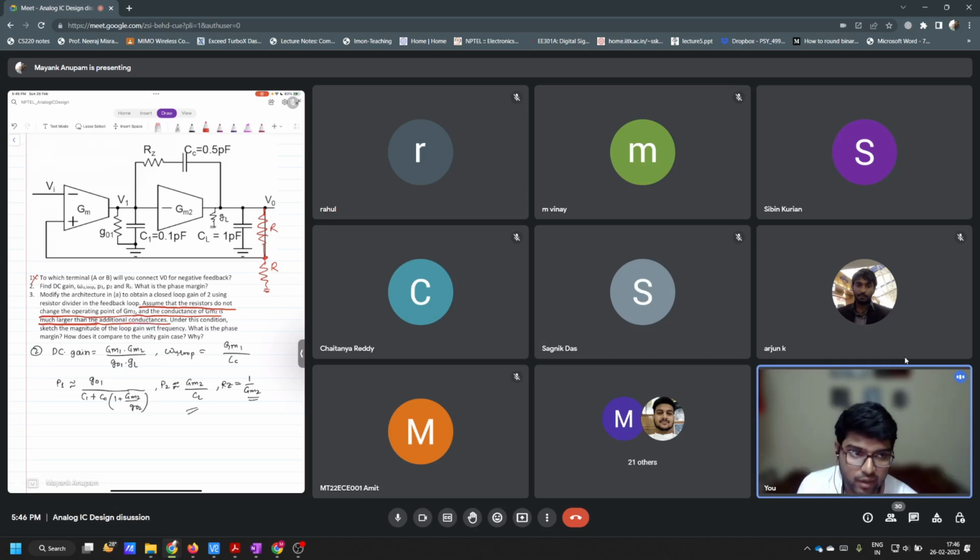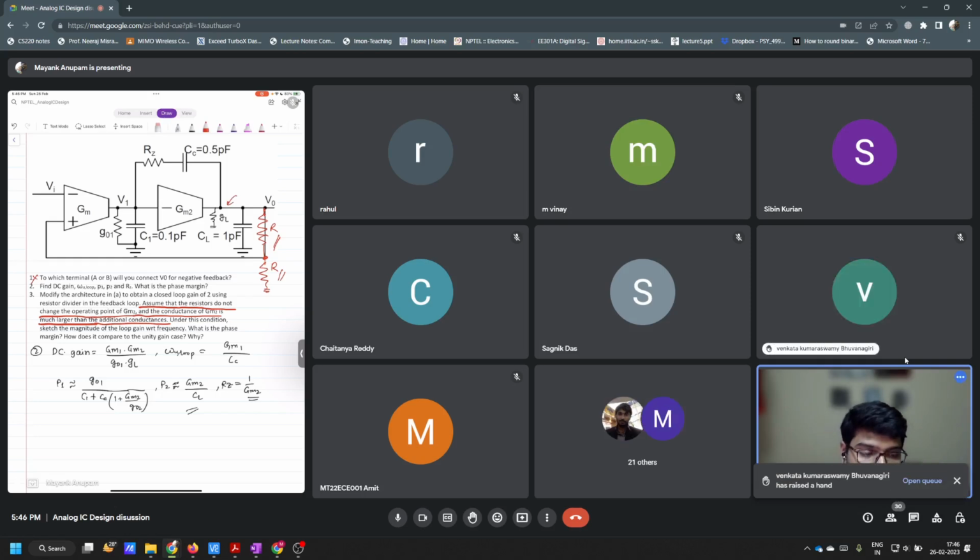So this is what I have been emphasizing so far, that when you add these resistors, it should not affect the existing op amp so much. It will add some conductance at the output, but that conductance should be much smaller compared to what already is present at the node. Only then can you say that your op amp is designed properly.